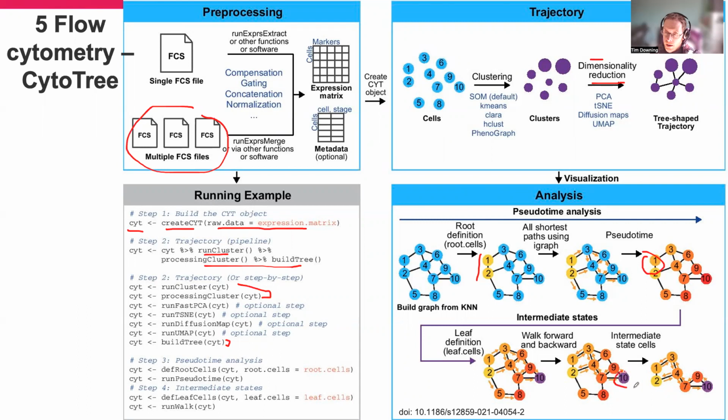So if we know the cell type of cell group 10 here, and 1 and 2, we can identify what are the intermediate states of 4, 7, and 9, because they're obviously important for the transition between 1 and 10. Whereas for 5 and 8, they're not as important because they're on the periphery of that network. So it's really representing the cell types as a kind of tree-like structure.